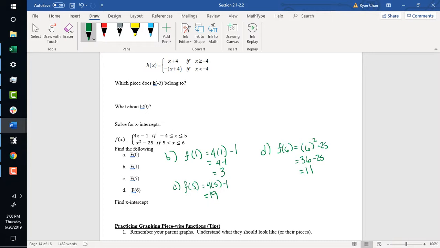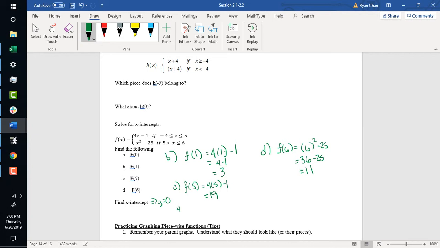So when I find the x-intercepts, remember, this is saying when y is equal to 0. So this is what I'm going to do right here. I'm going to set both of them equal to 0.